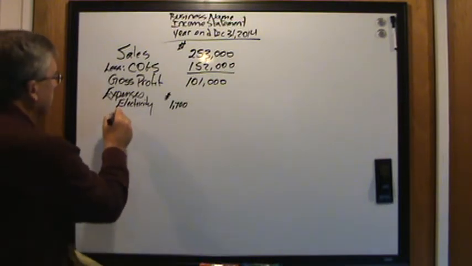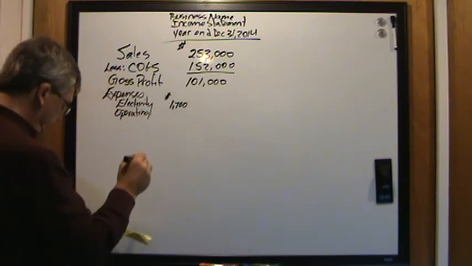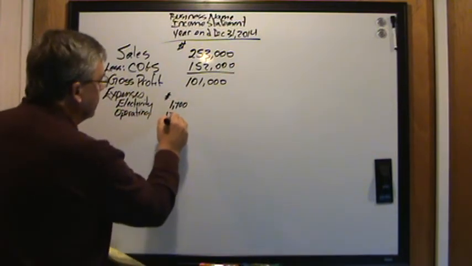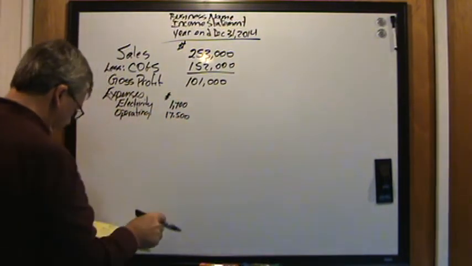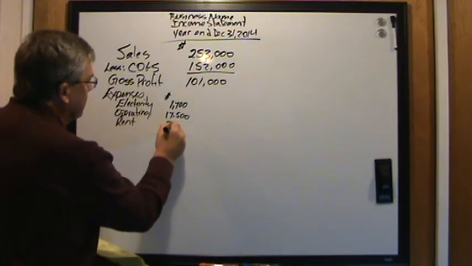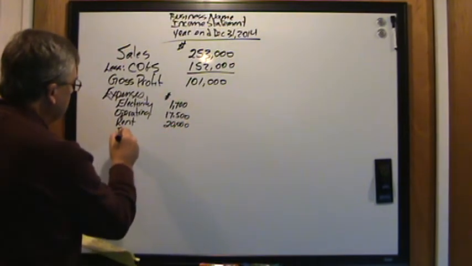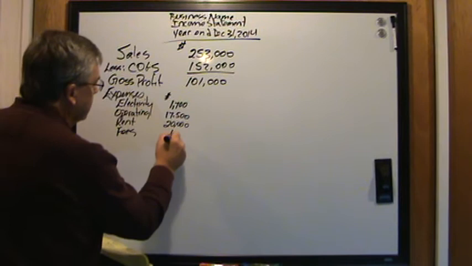There were machinery operating expenses of 17,500. Rent was 20,000. Fees 1,900.